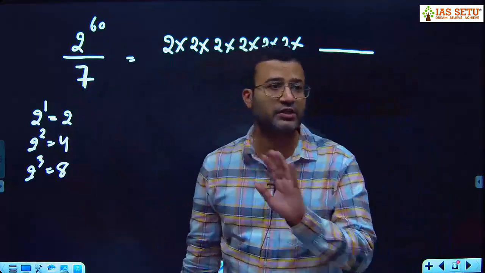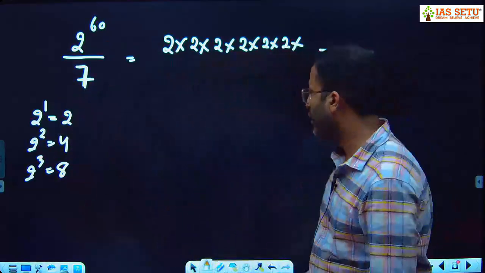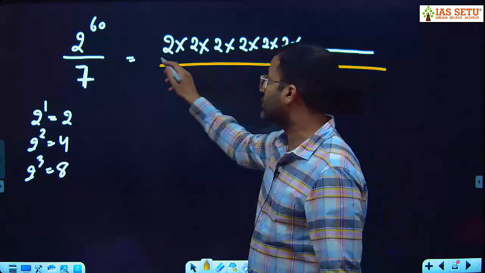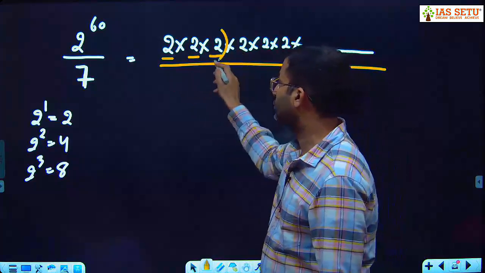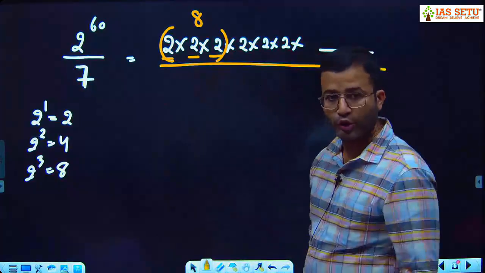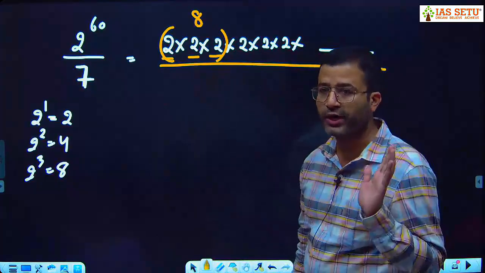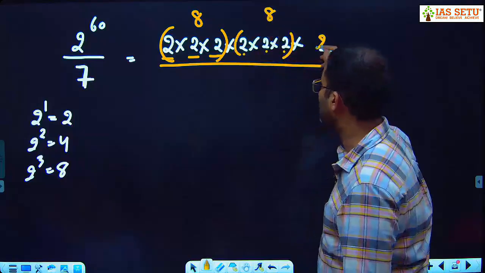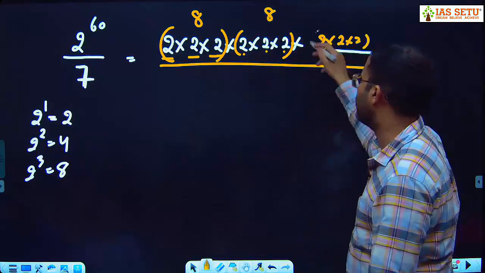If it is 1 extra, perfect, 8. So what you can do, in this question, this husband, wife, and child, what will they make together? 8. 2 into 2 into 2 gives you 8. Next also, 2 into 2 into 2 gives you 8.